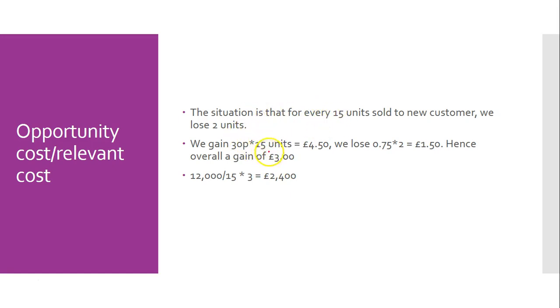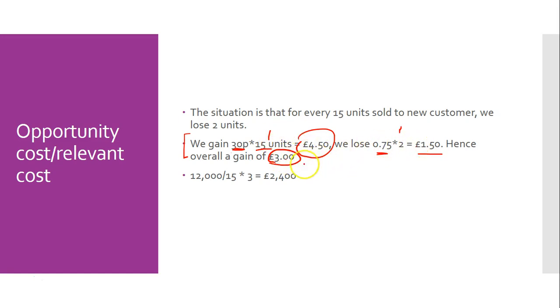So when you have 30p here, which is what you're gaining on every 15 units, they've broken it down interestingly, but it's the same thing. 30p for 15 units, you're gaining £4.50, and for every 15 units, you're losing 2, and therefore you're losing a contribution of 75p times 2, which is £1.50. So overall, you have a gain of £3 on every 15 units. Because you would have gained £4.50, but you're not.